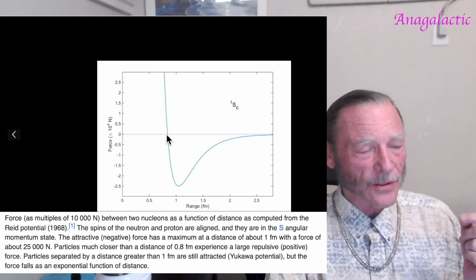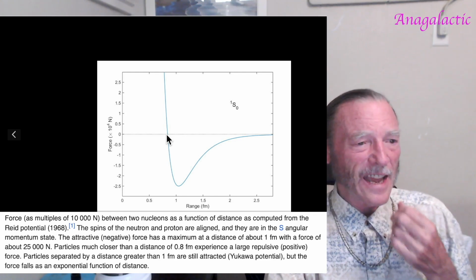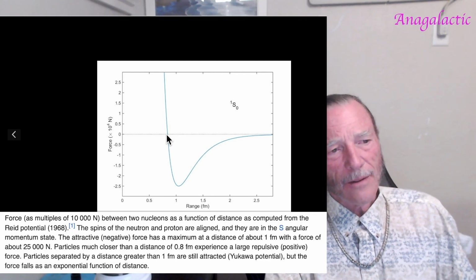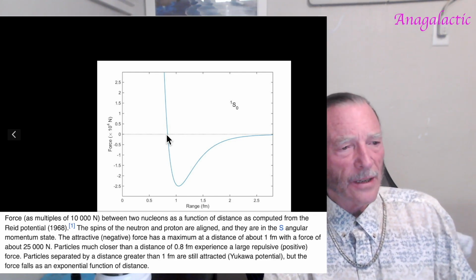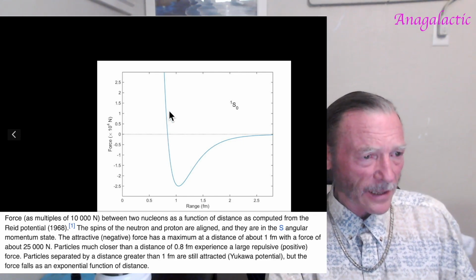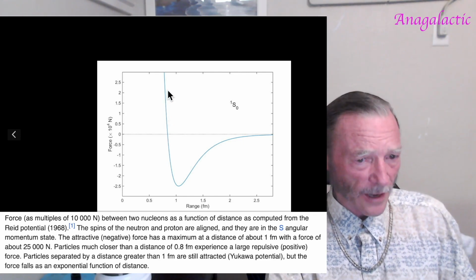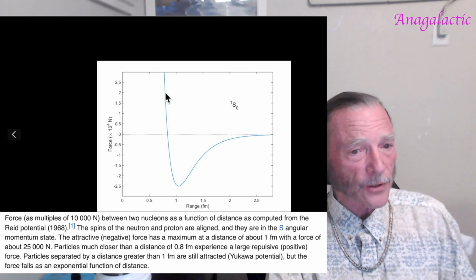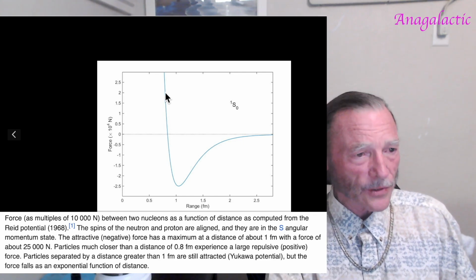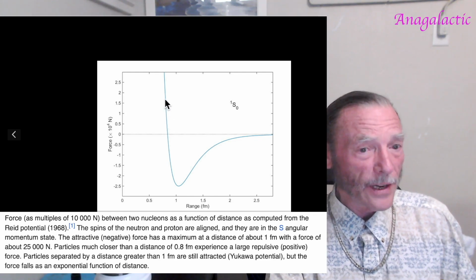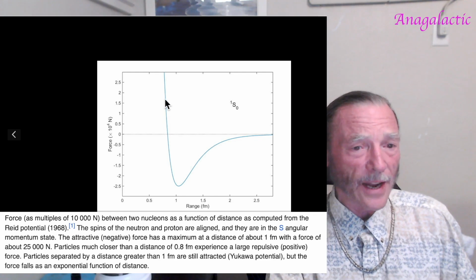And you can see now it's an extremely short range change with respect to this force line, which is going to infinite repulsive force. So what happens if it goes this far? You can read up and find out that it's now being repelled.